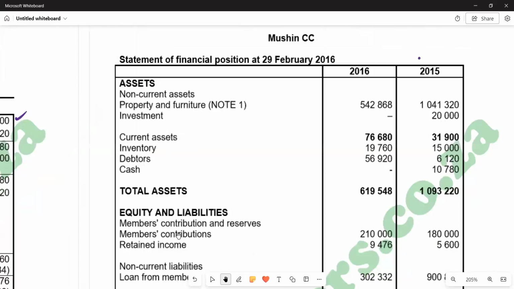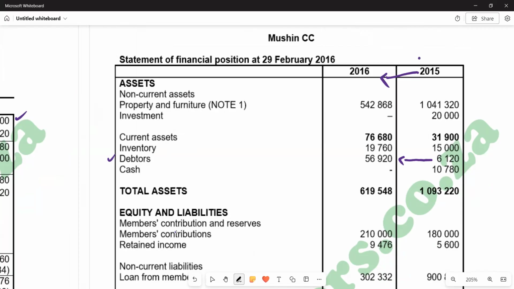So we are seeing that we are coming from 2015 going to 2016. So the movement that we're going to see there, data is here, and you see that we've got a movement from 6,120 to 56,920. Let's try to see 2015 to 2016, 6,120 to 56,920.